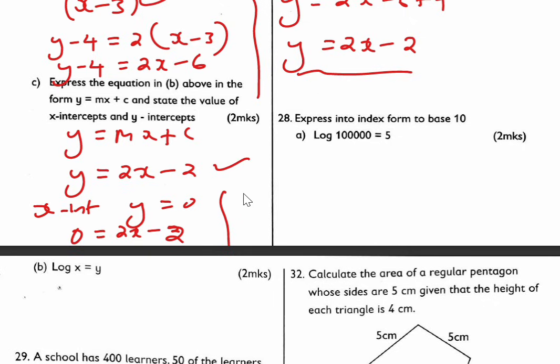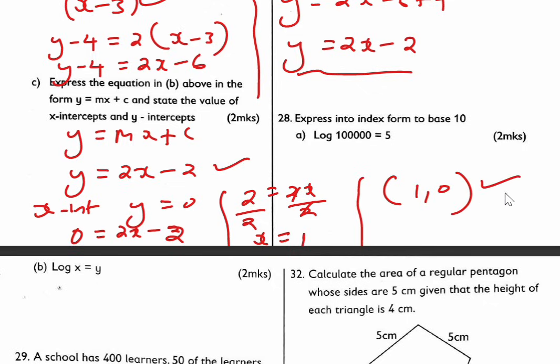So here we have 2 is equal to 2x. So divide by 2, divide by 2. You can see my x is 2 over 2, which is 1. So my x-intercept is 1. You can write the coordinate. The coordinate will be x is 1 and y, already y is 0. So this is the x-intercept.